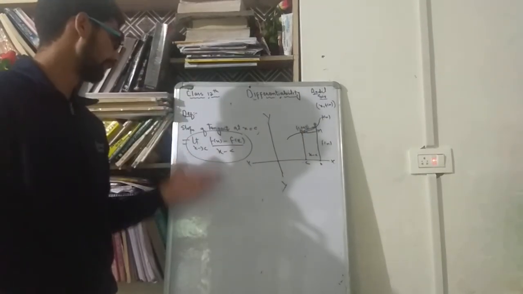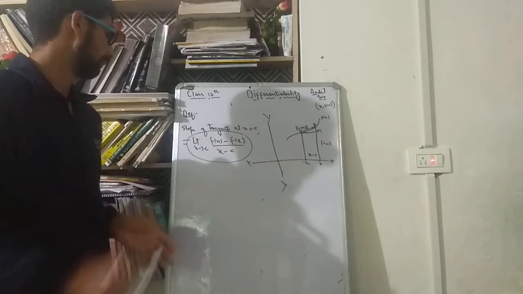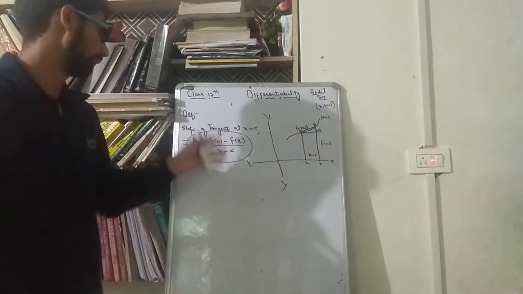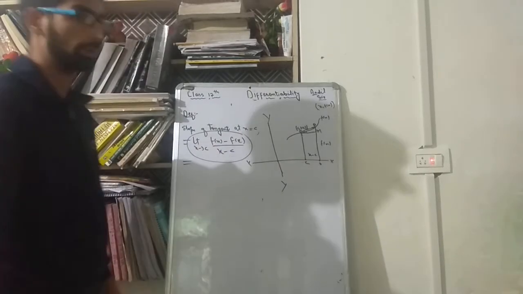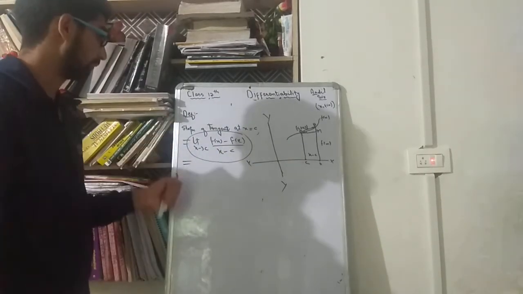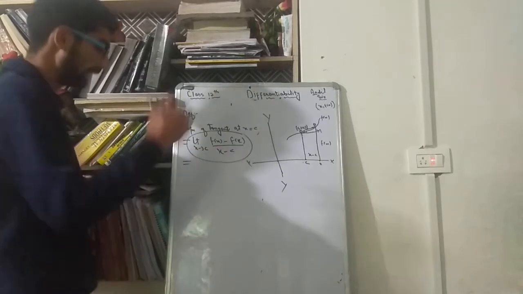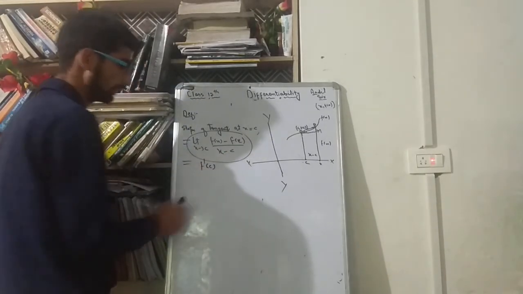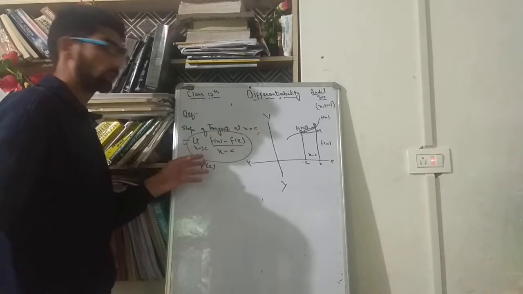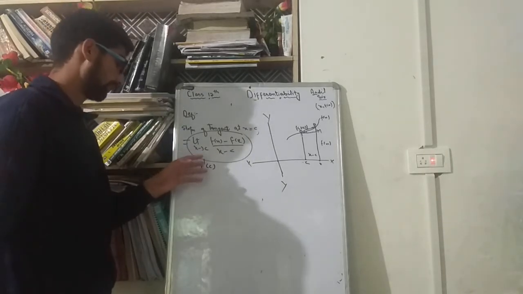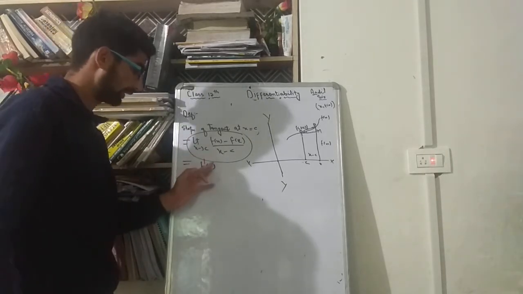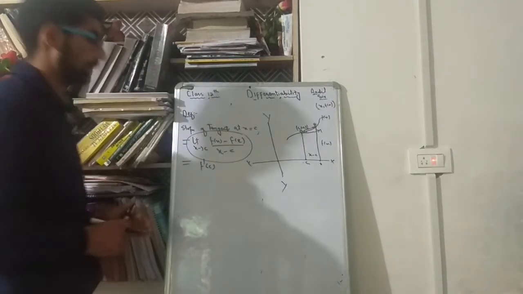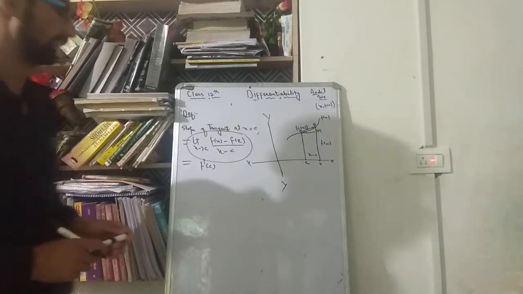When it is differentiable at this point, we write the differential coefficient, or derivative, as f dash of c. That denotes the derivative of the function f of x at point c, which is equal to this limit as x tends to c of f of x minus f of c divided by x minus c.